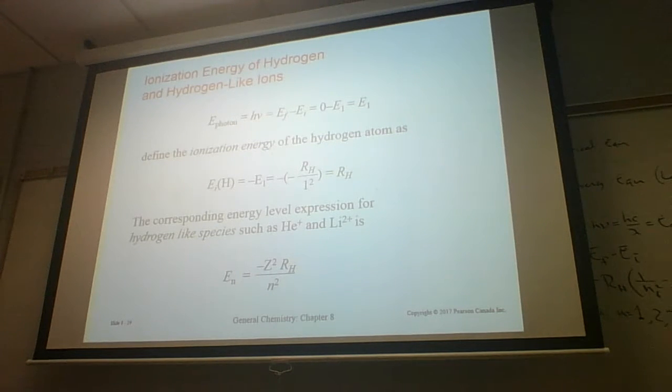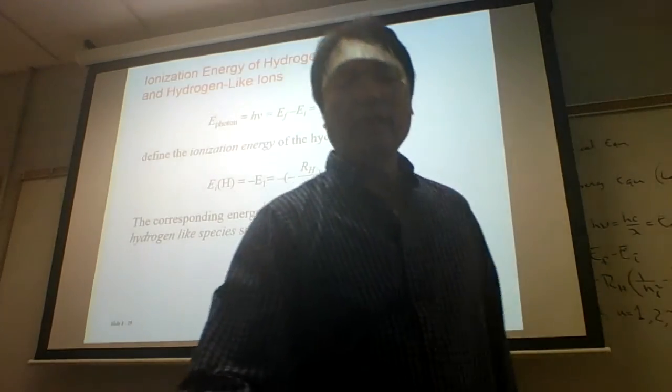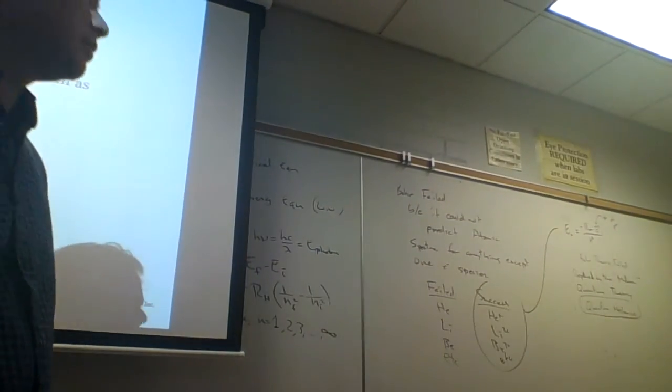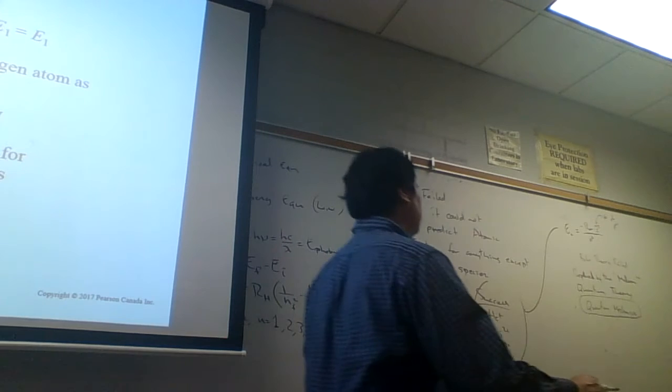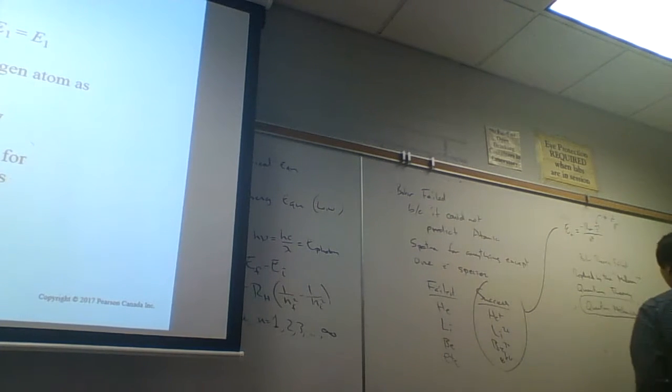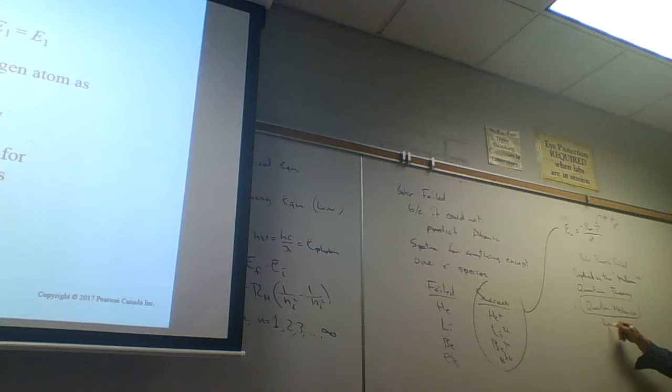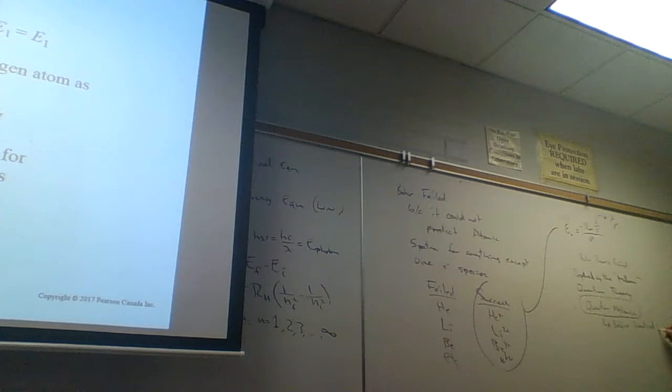Quantum mechanics, there are two important developments that led to it. So what quantum mechanics did is retains from Bohr the whole idea of quantized energy levels, the empirical equation still works.